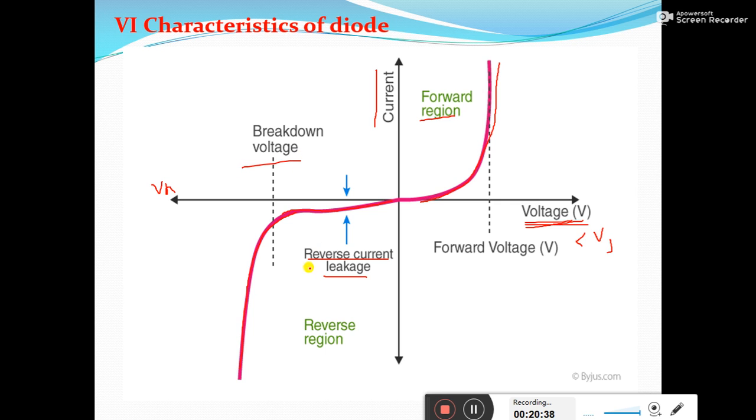So we will never operate the diode in reverse bias. It is permissible to operate in reverse bias until the specified breakdown voltage. If you increase the reverse potential beyond the specified breakdown voltage, you may lose the diode permanently. So this is the operation of the diode and its VI characteristics.